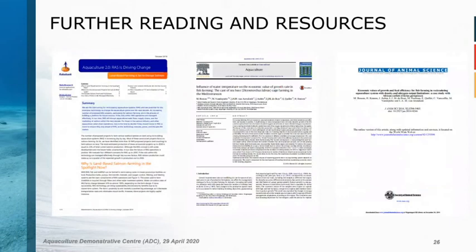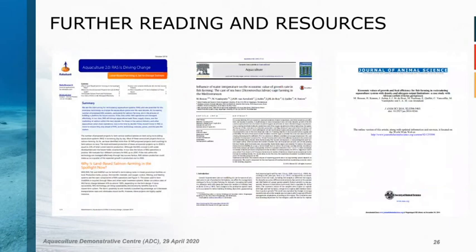And there is another paper. Those are the sources I used to compile this presentation, so you may want to look into them for more information, or you can contact me through the GFCM or directly by email for any further questions.